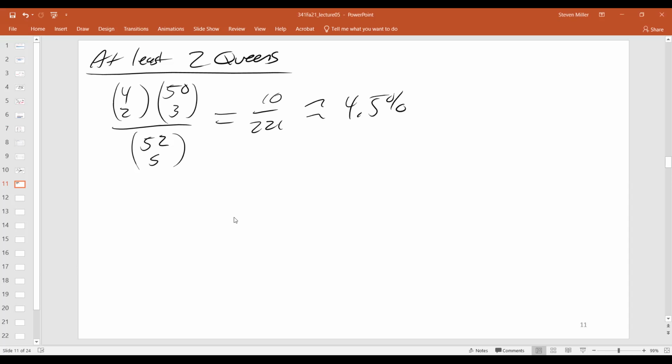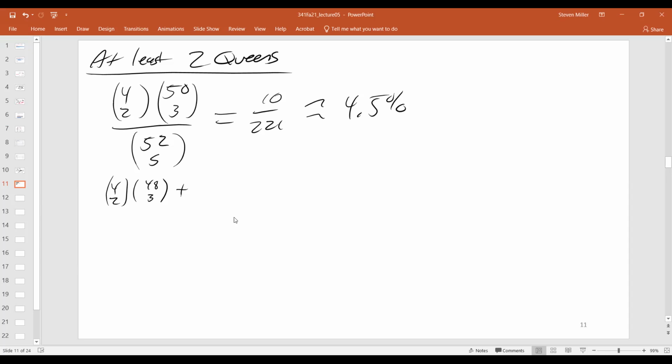How else could we calculate this? I could have exactly 2 queens, and then I have 48 cards remaining, and I have to choose 3. Or what could I have? So what I want to do is break things into mutually exclusive cases, so I don't double count probabilities.